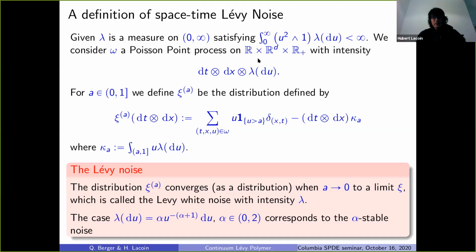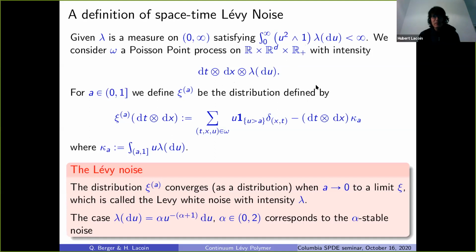I will first consider a Poisson point process on R times R^D times R plus with intensity given by Lebesgue for the first 2 coordinates and lambda for the third one.